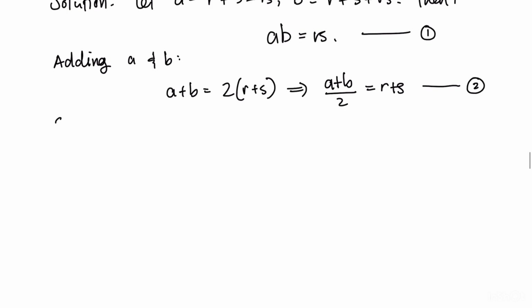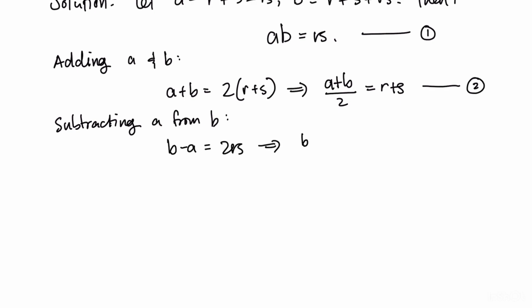So subtracting A from B, we get B minus A equals 2RS. And this implies that B minus A all over 2 equals RS. And I'm going to call this equation 3.